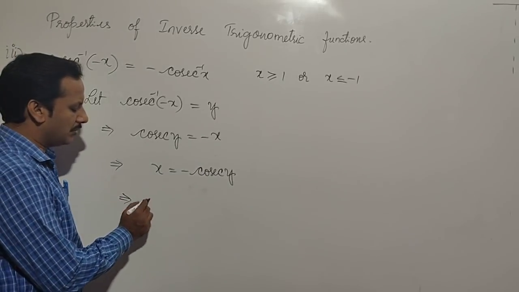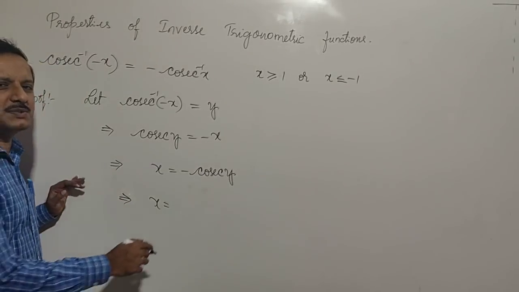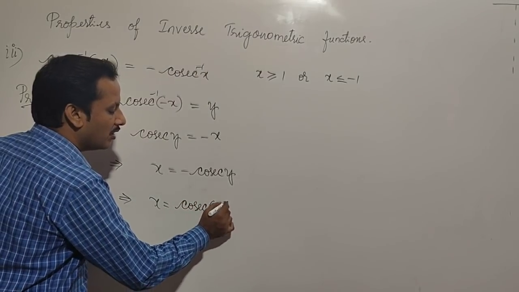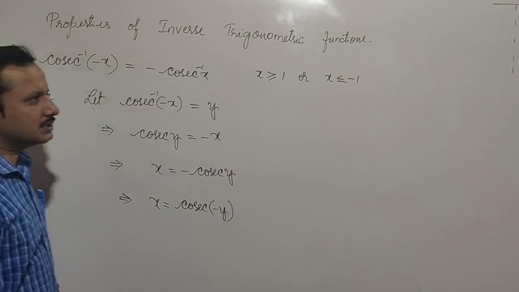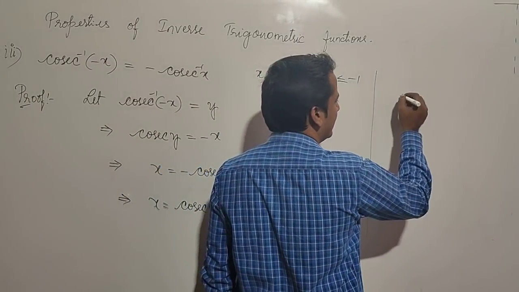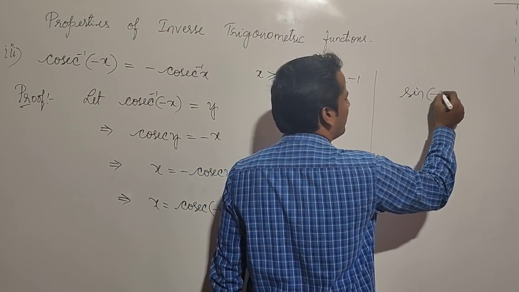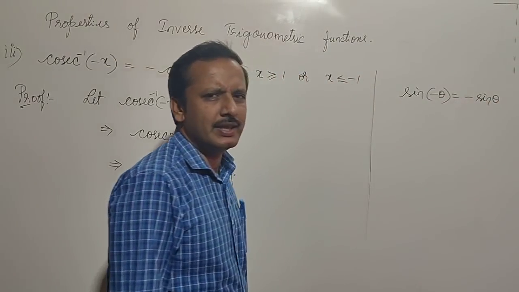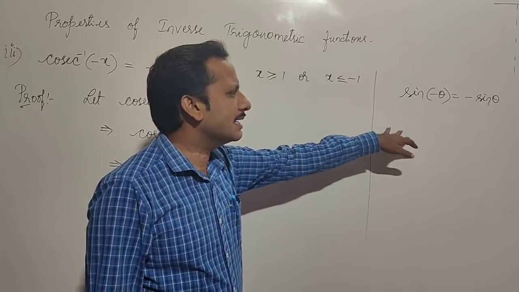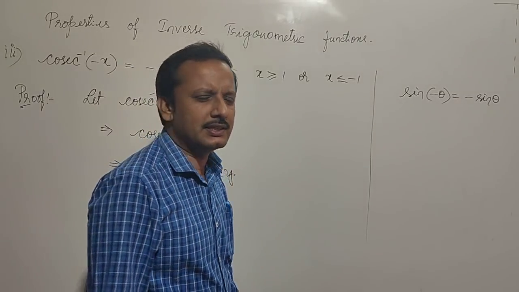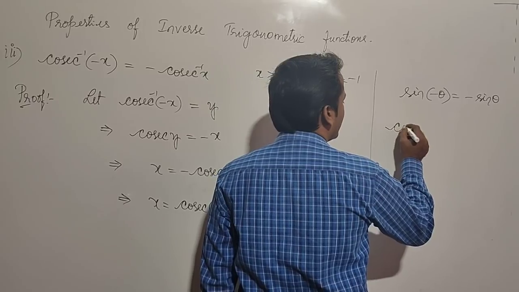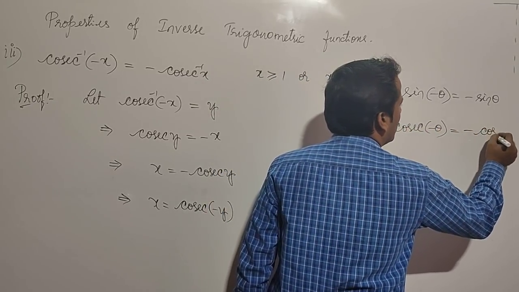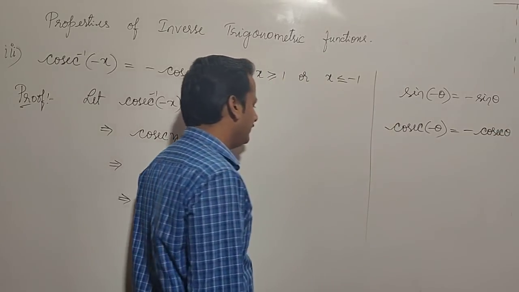This minus cosecant y can also be written as cosecant of minus y, because since sine of minus theta equal to minus sine theta, this formula we know, and cosecant theta is the reciprocal of sine theta, so there we can write cosecant of minus theta is equal to minus cosecant theta.